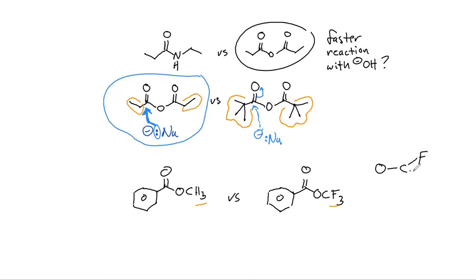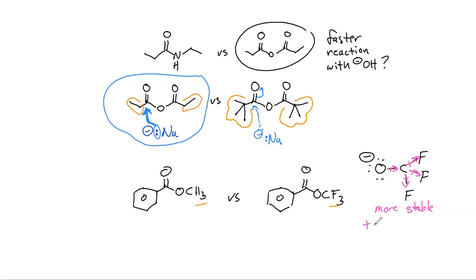One would be the stability of the leaving group after it's left. The other would be the effect of the fluorines on the carbonyl carbon's partial positive charge to begin with. Now we know that fluorines are extremely electronegative, or electron withdrawing, so they're pulling electrons away from the elements they're attached to.